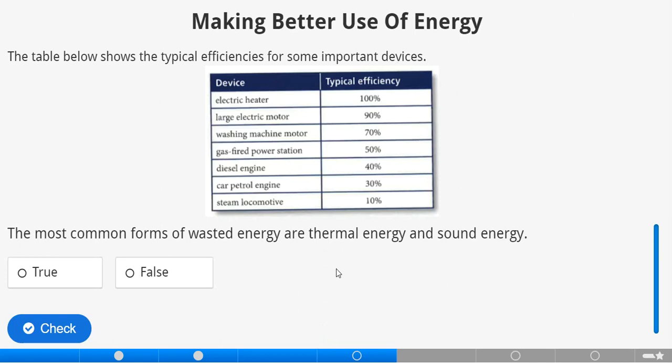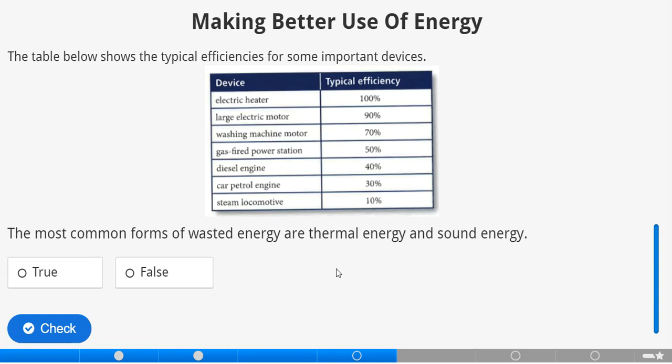So this particular table shows the typical efficiencies for some important devices. When we are talking about efficiency, we are trying to talk about the ratio of work output to work input for each of the devices. For an electric heater, its efficiency is 100%. That means work output and work input are equal.